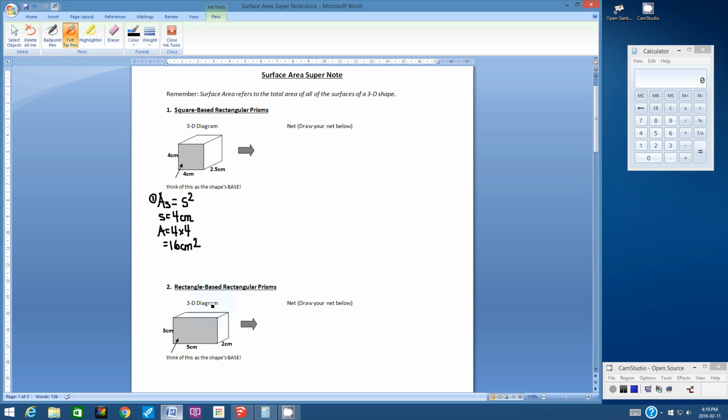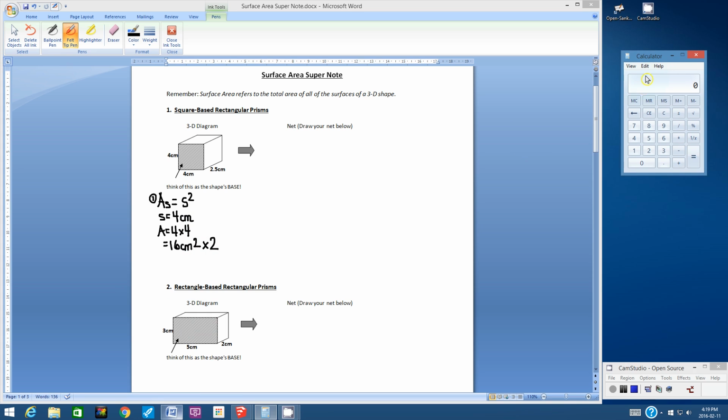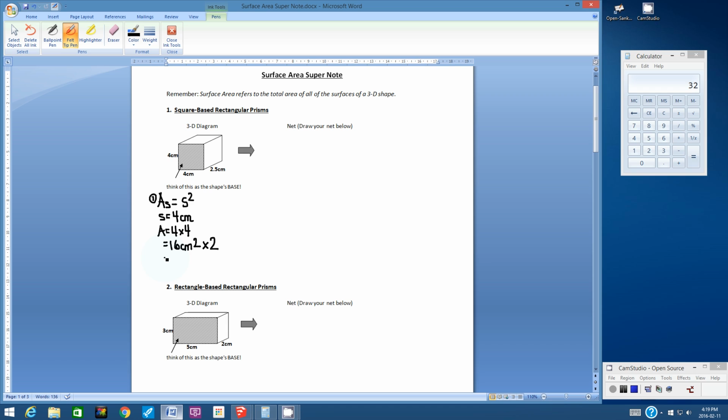So we have to take this area and multiply it by 2. Make sure you've got a calculator out. So 16 times 2 equals 32. So we have a total of 32 centimeters squared for the 2 square bases.